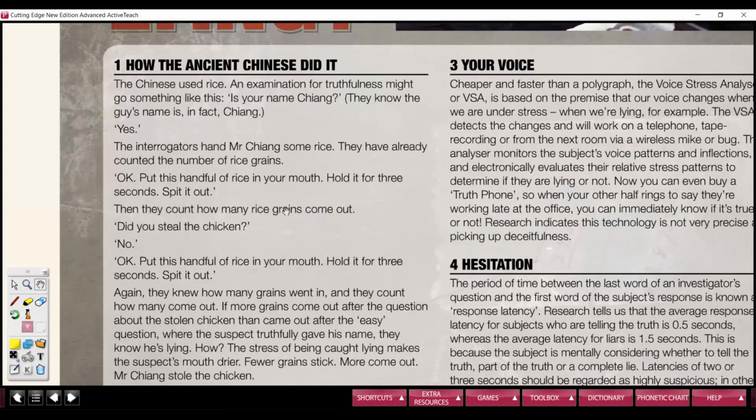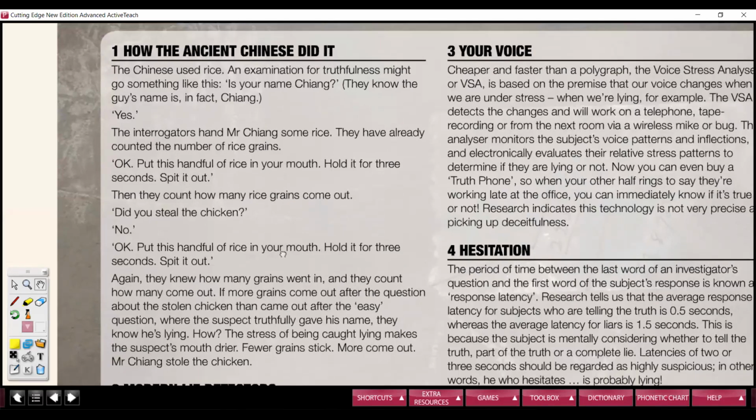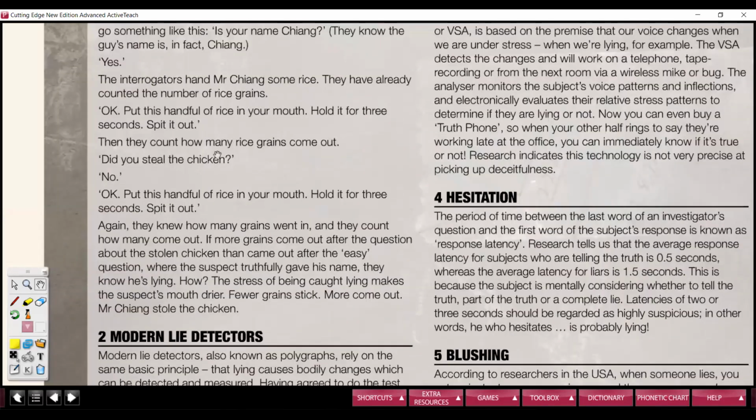Okay, put this handful of rice in your mouth, hold it for 3 seconds, spit it out. Remember handful? Un puñado. Yeah? Hold it for 3 seconds inside your mouth and then spit it out. Then they count how many rice grains come out.